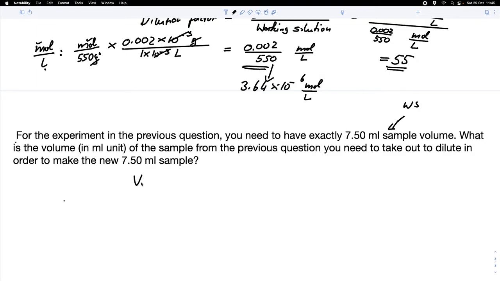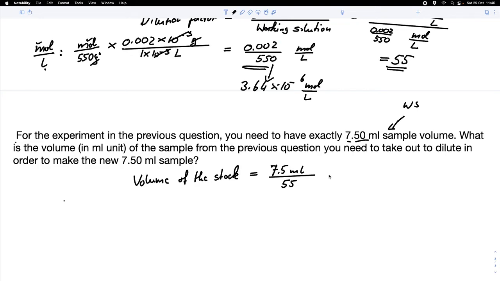The volume of the stock solution is simply the total volume that we want to have, 7.5 milliliter, and we want to dilute that 55 times. So we simply divide it by this dilution factor that we've calculated.